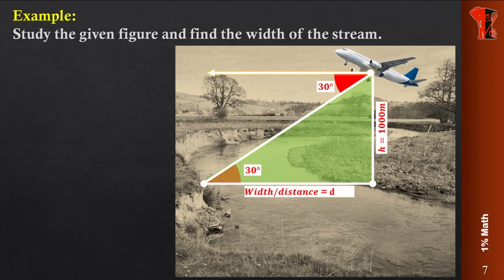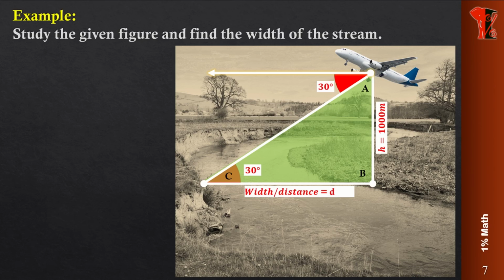We know the angle, and this 1000 meters is nothing but the opposite side of the angle. If I consider triangle ABC, angle C is 30 degrees and its opposite side is AB, which is 1000 meters. So I know the height and I have to find the distance between the banks.